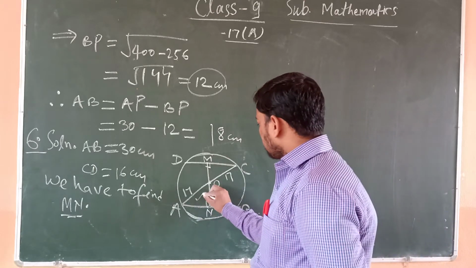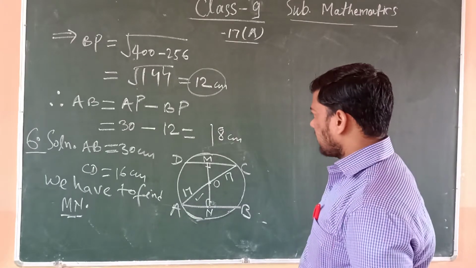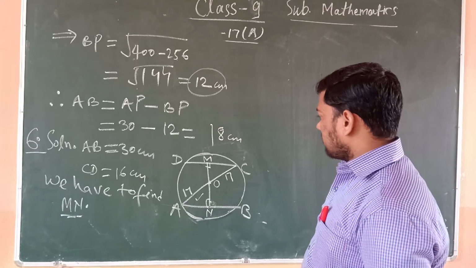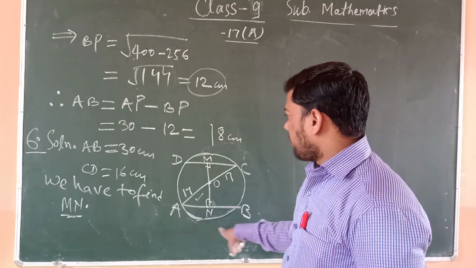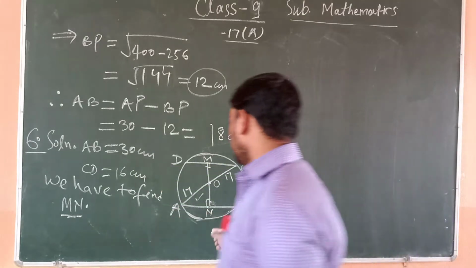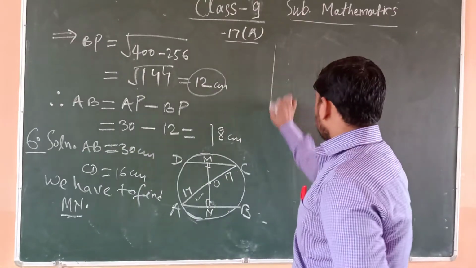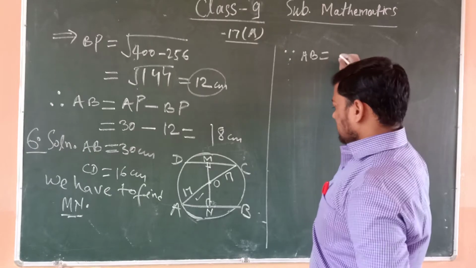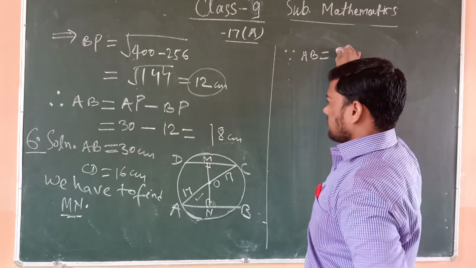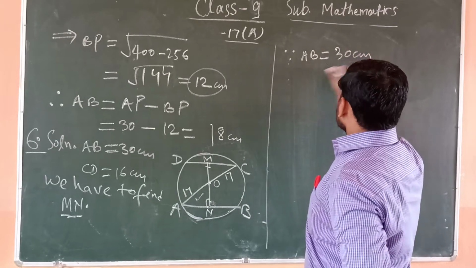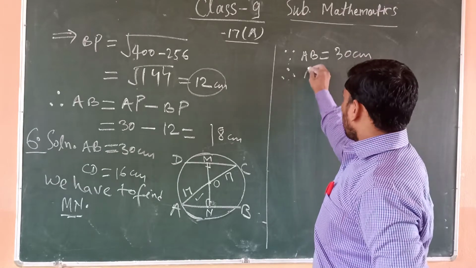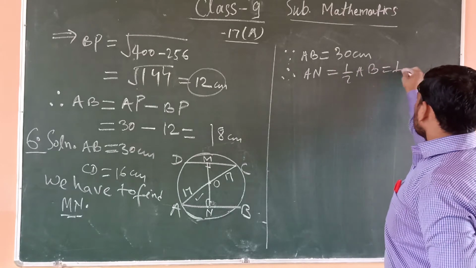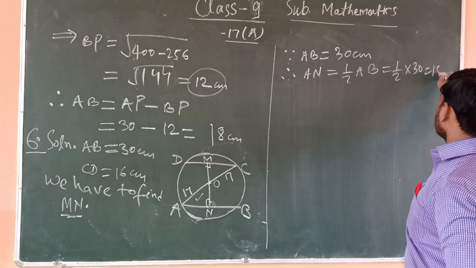In this triangle, OA is equal to 17 centimeter, and since length of AB is 30, AN will be 15. AN is equal to half of AB, half of 30 is equal to 15 centimeter.